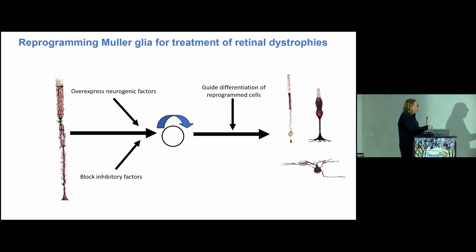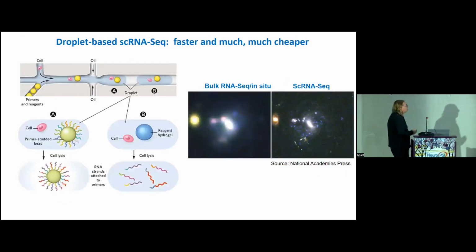Another method is to turn this on its head, to simply ask what is inhibiting the ability of mammalian glia to regenerate and block those inhibitory cues. This is going to be the major focus of my talk, identifying these and disrupting them. And then finally, once you've made a glia into a neurogenic progenitor, you then have to get it to make the cell types that you want. And there, typically, the strategy has been to use transcription factors that drive the development of specific cell types and misexpress them. I'll have to say there's been much less progress on that. I'll touch briefly on it.